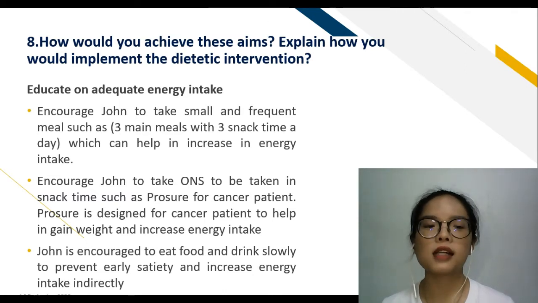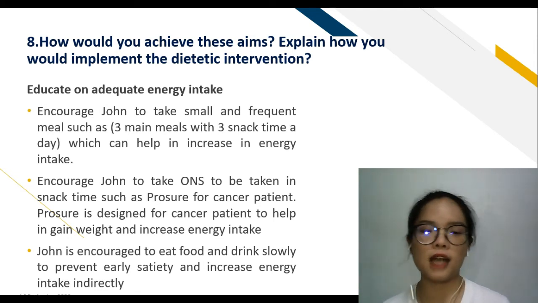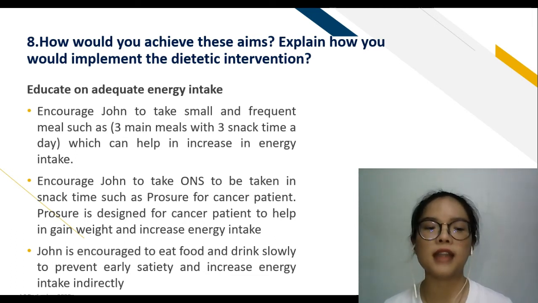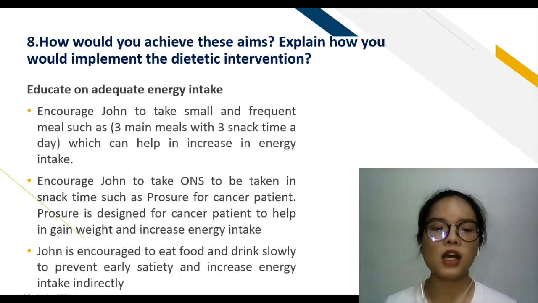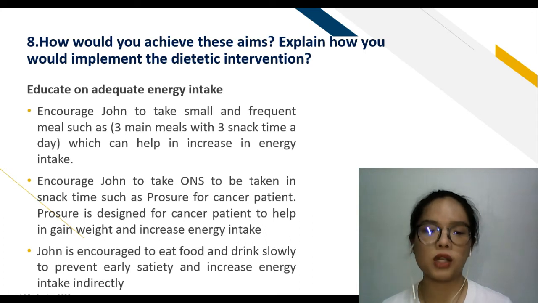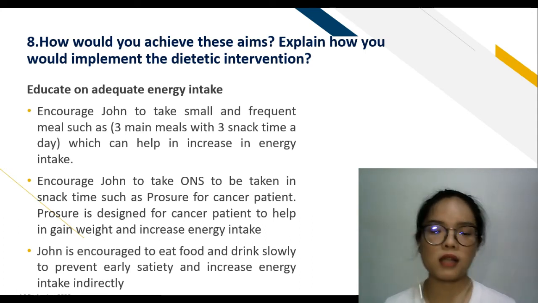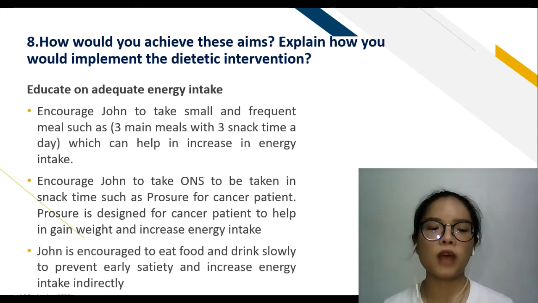To achieve these aims, there are a few steps or interventions that I suggest to educate John on, such as educating on adequate energy intake. We will ask John to take small and frequent meals, such as 3 main meals and 3 snack times a day, which can help to increase the energy intake, and encourage John to take ONS, oral nutrition supplement, at snack time, such as Prosure, that is for cancer patients, because it is designed for cancer patients to help them gain weight and increase their energy intake.